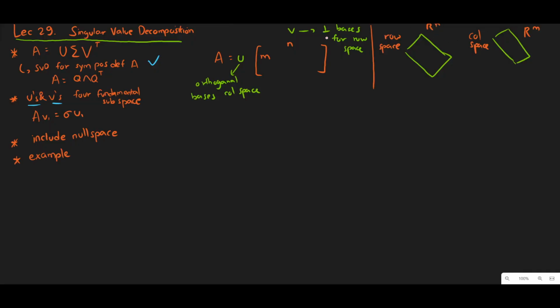Now, what we are looking for is some kind of orthogonal basis vectors here, let's say V1 and V2.